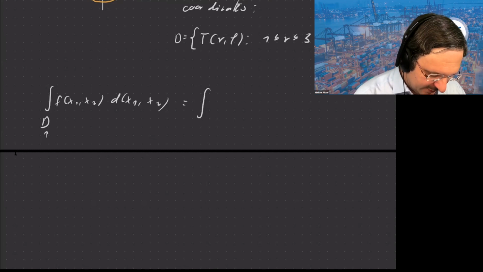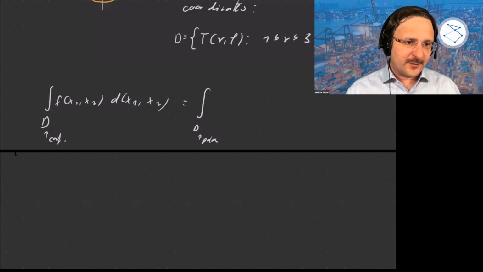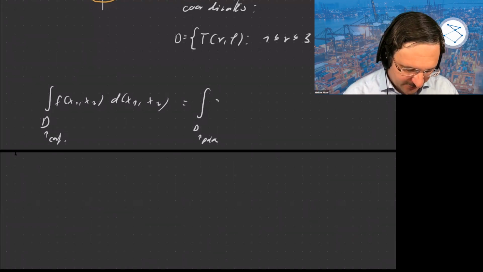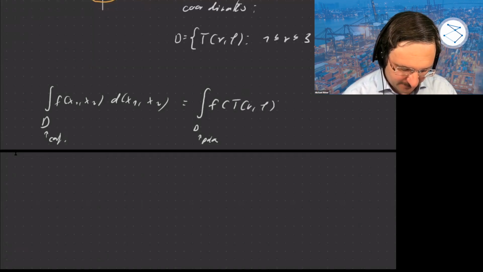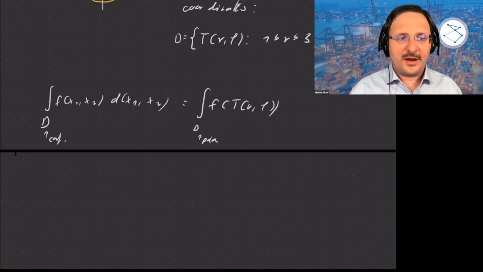Let's just write down that's the Cartesian version, and here we want the polar version. What we do is, of course, we have to consider f of T of r and phi. Right, so we need to apply the transformation to r and phi first, and then apply f as that is given in Cartesian coordinates.